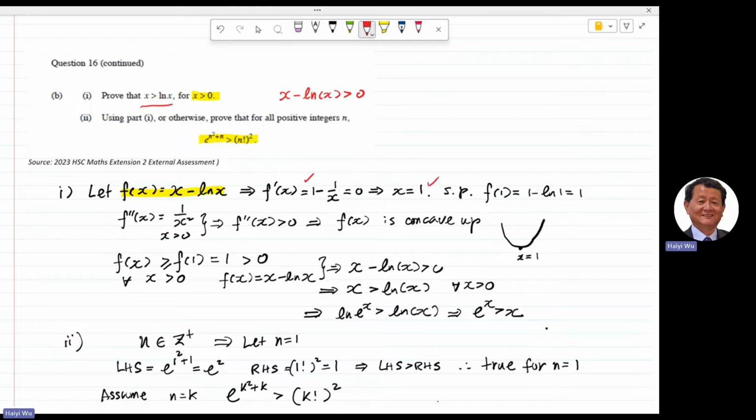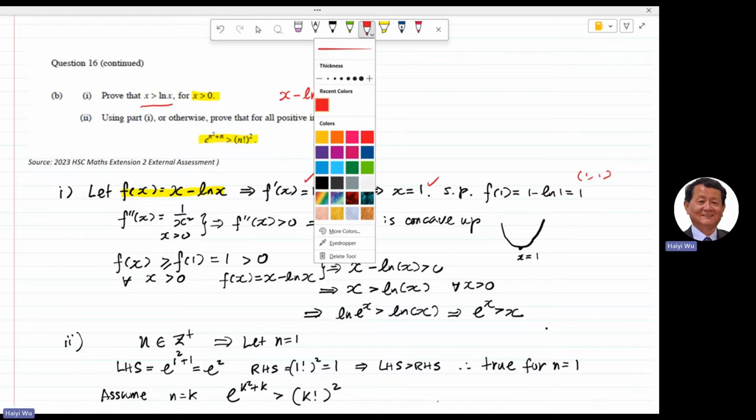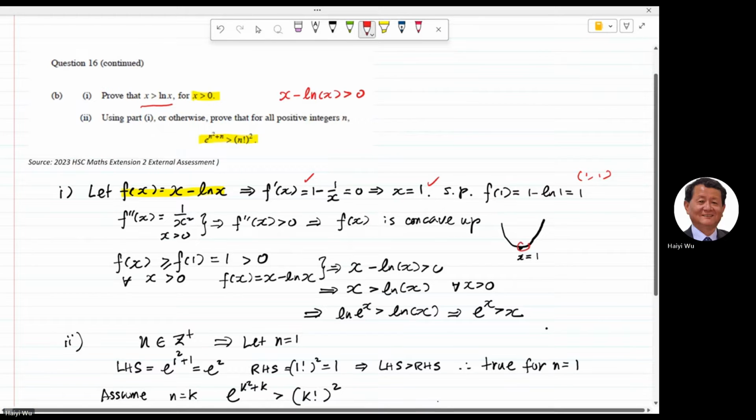Then I found the stationary point is at x equal to 1. If we look at the graph, to the right-hand side it always goes up, so f(x) will always be greater than 0.